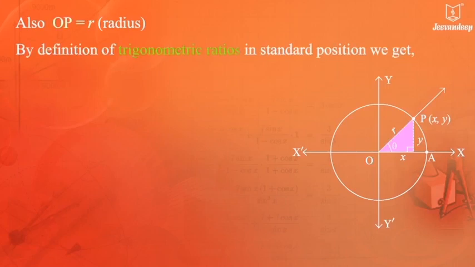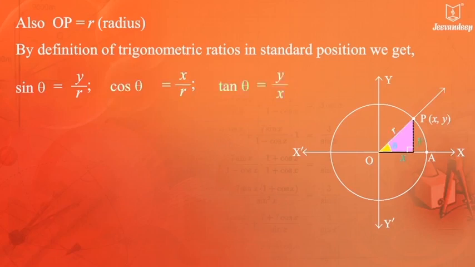By definition of trigonometric ratios in standard position, we get sin theta equals y upon r, cos theta equals x upon r, tan theta equals y upon x, sec theta equals r upon x, cosec theta equals r upon y, and cot theta equals x upon y.